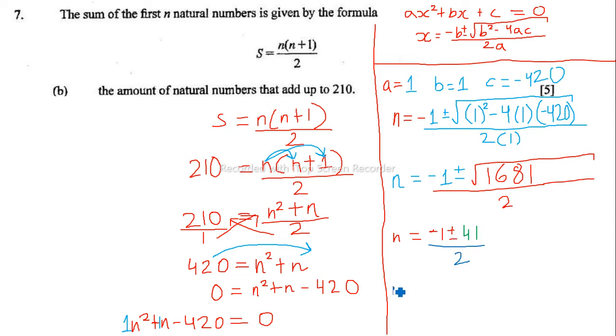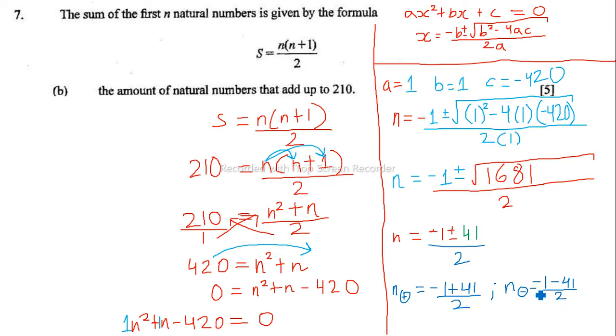So n plus is going to be equal to -1 plus 41 divided by 2, and n minus is going to be -1 minus 41 divided by 2.